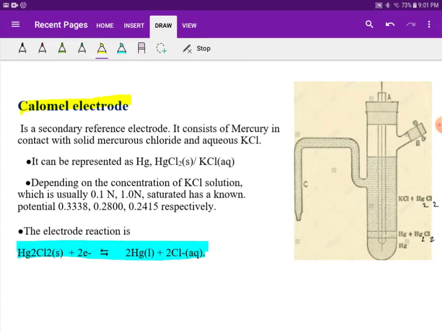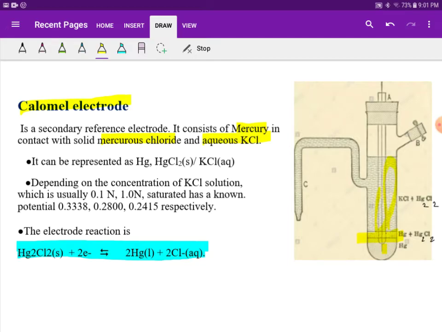Typical example is mercury, mercurous chloride solid in contact with aqueous KCl. Okay, this is the calomel electrode. So, the calomel electrode is a secondary reference electrode consisting of liquid mercury in contact with solid mercurous chloride, which is in contact with aqueous KCl.